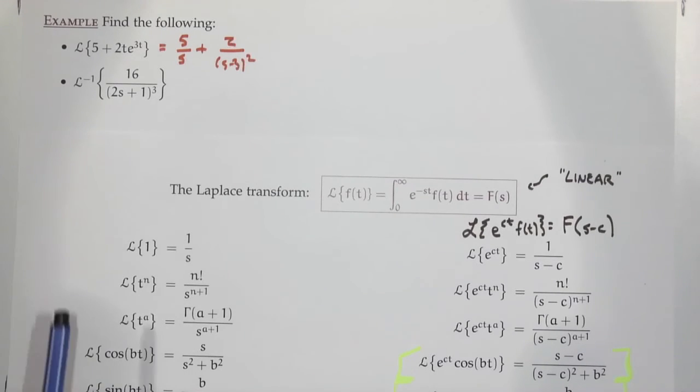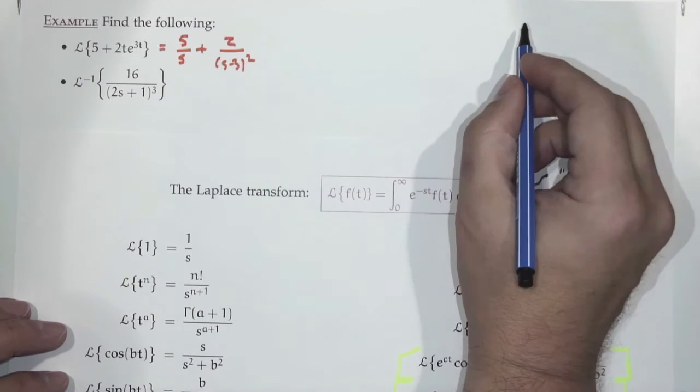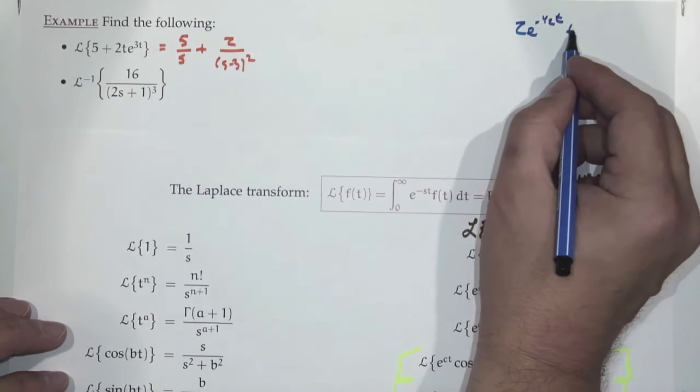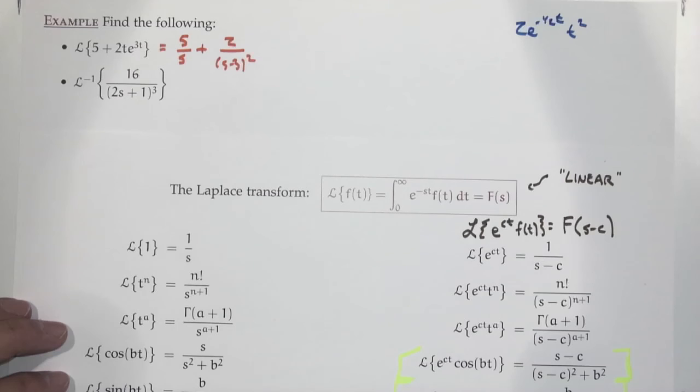Okay, how about this one? Inverse Laplace transform, 16 over (2s plus 1) cubed. Do we have an answer? 2e to the negative 1/2 t times t squared. Okay, so I've heard 2e to the negative 1/2 t, t squared.